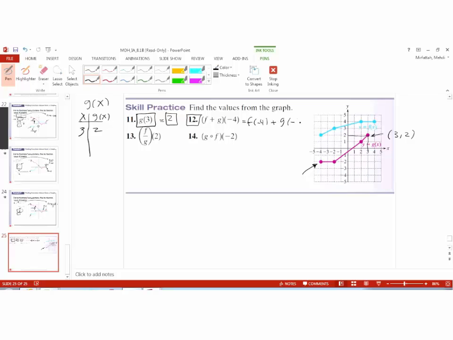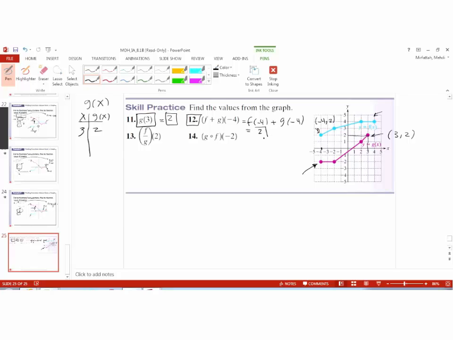Very good. So what is f of negative 4 quickly, Yvonne? If you look at the f function, which is right here, that's the f function. If x equal to negative 4, which is right here, what is, go on, Yvonne? 2. x equal to negative 4, f of x equal to 2. So this would be 2.